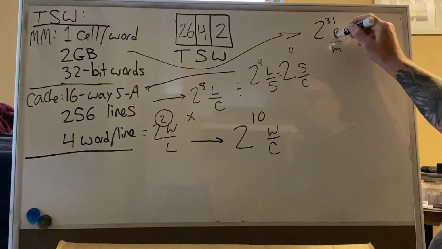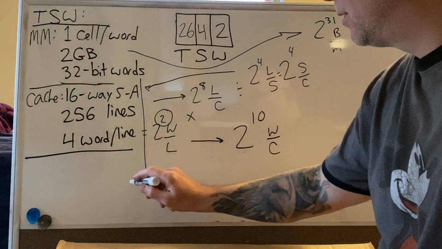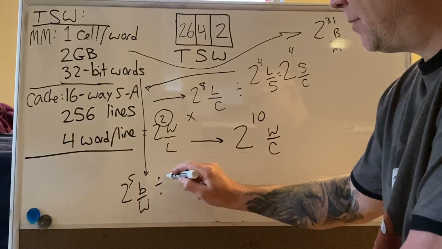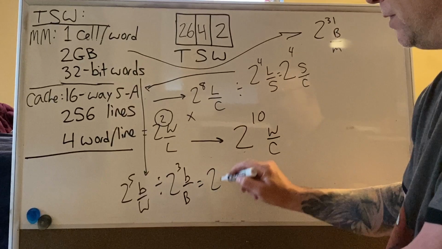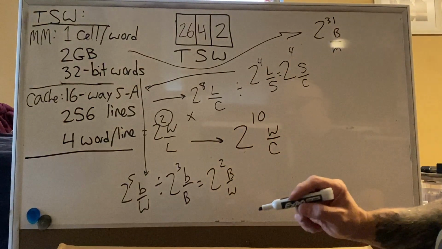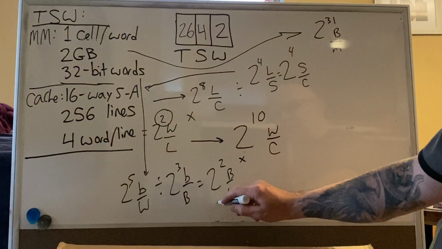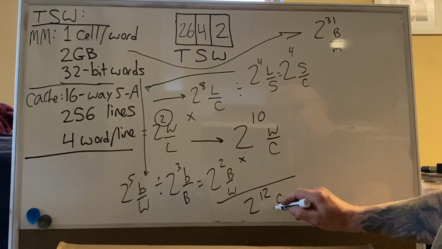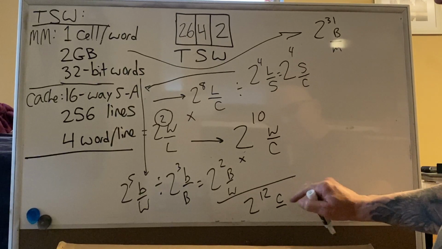Bytes per memory. 32 bits per word, 2 to the 5 bits per word, divided by 2 to the 3 bits per byte, something we just have to know. 2 to the 2 bytes per word. There's 2 to the 10 words per cache, times 2 to the 2 bytes per word, 2 to the 12 bytes per cache.